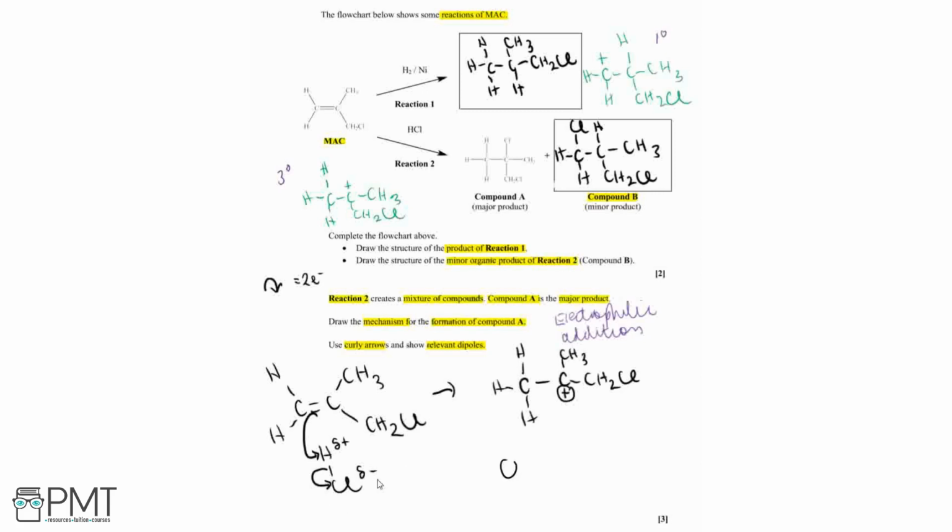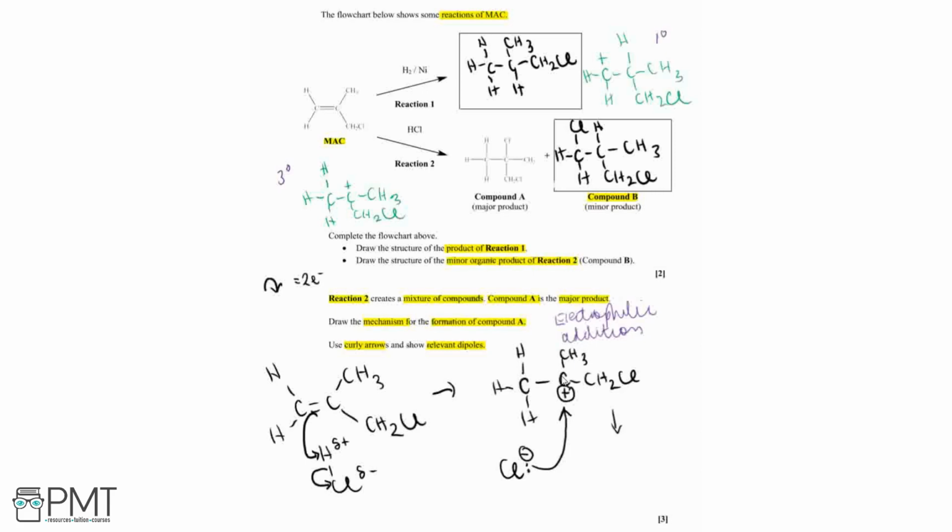So we've now got a carbocation, we've got a negatively charged chloride, and this is going to therefore attack that carbocation there. So those electrons are going to be flowed onto that carbon, forming a new bond.